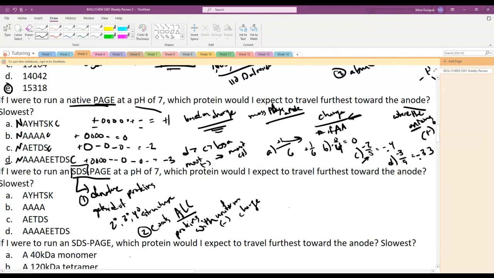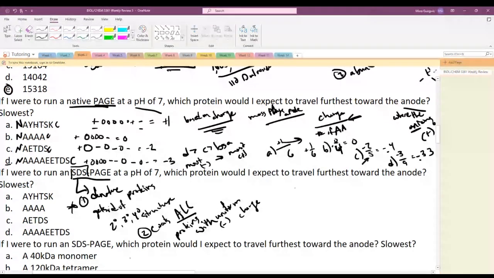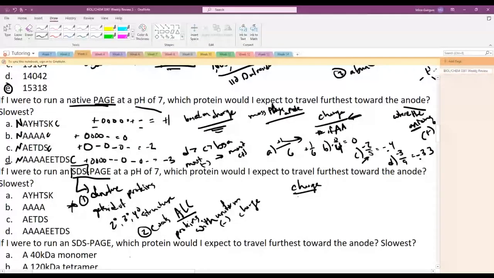Then we're going to run the PAGE. So we're not really dealing with any of that right here. This is not really that important for us. What is important right now is that it's coating the proteins with a uniform negative charge. In other words, the charge to mass ratio, this number, is fixed.